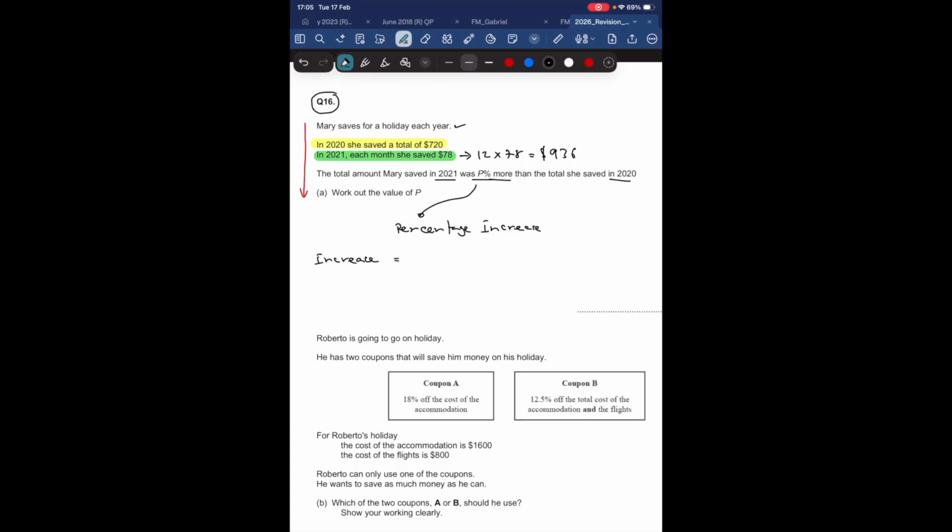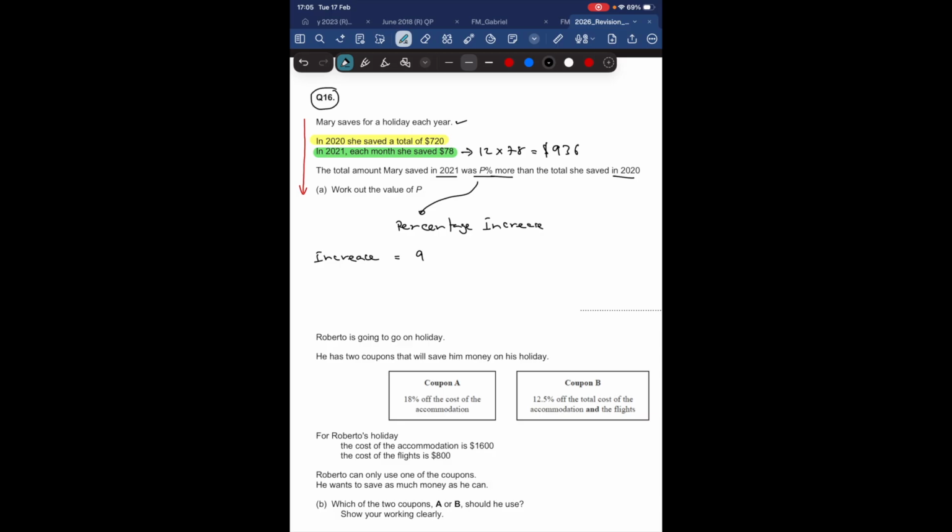So we've gone basically from $720 to $936. So the increase is simply going to be 936, take away 720, which gives us $216.